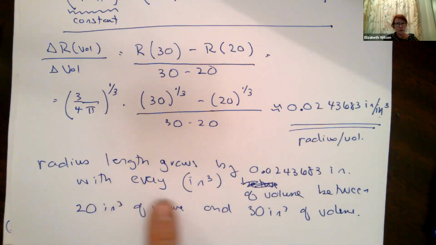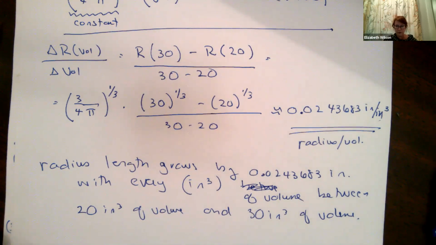This is just for you to know what we're trying to do here. You don't have to write this down as part of your answer. This is your answer right there. But just so you know, think about it this way.